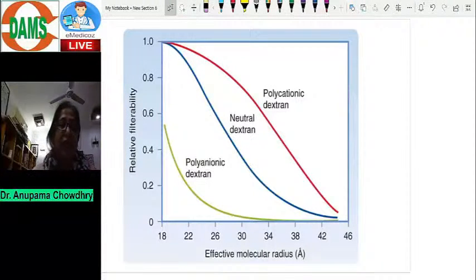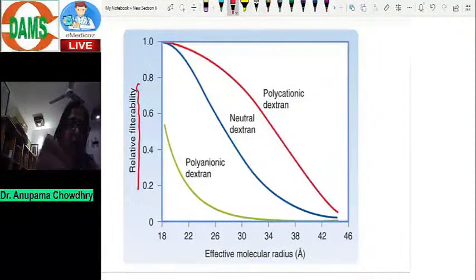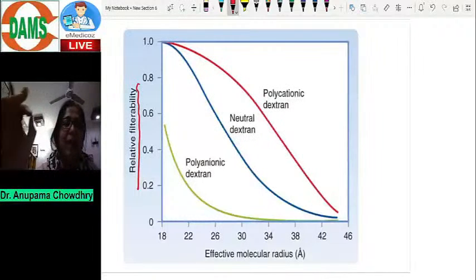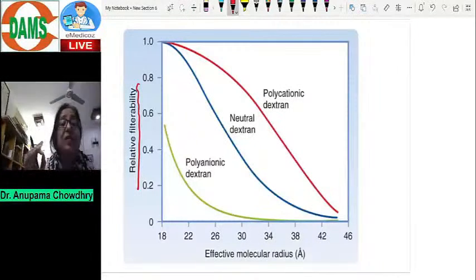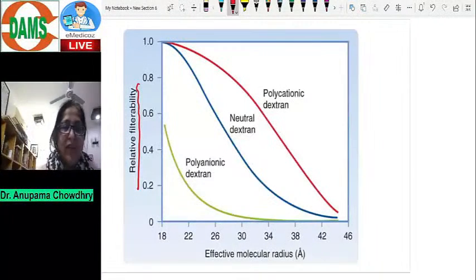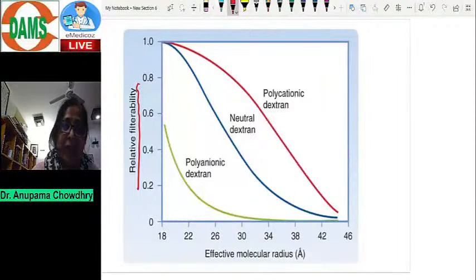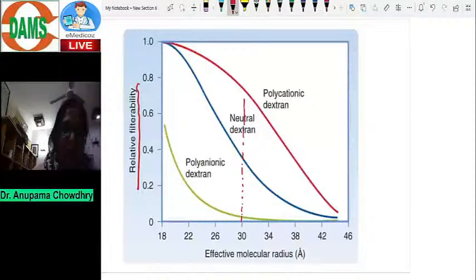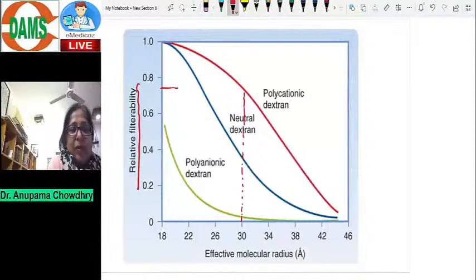Now, if I see the relative filtrability of a neutral, polycationic, and polyanionic substance of the same size, what do I find? Let's take a dextran of an effective diameter of 30 angstroms, or 3 nanometers. We find that the one which has the maximum filtrability will be a polycationic dextran.